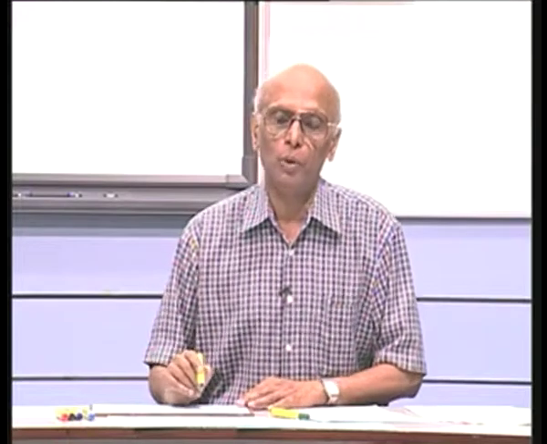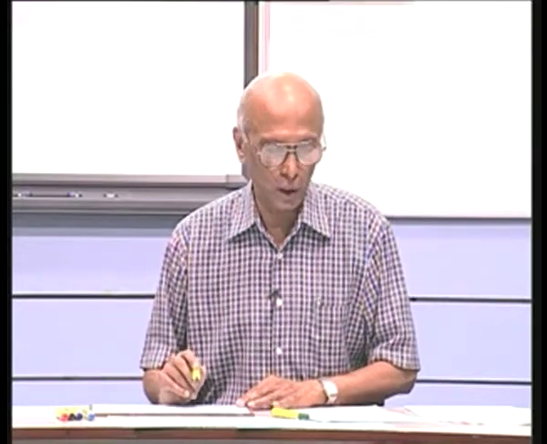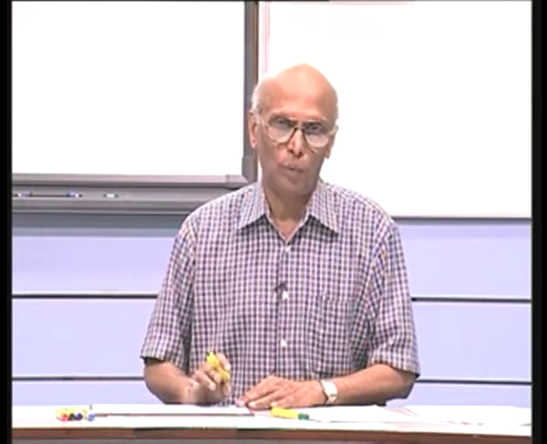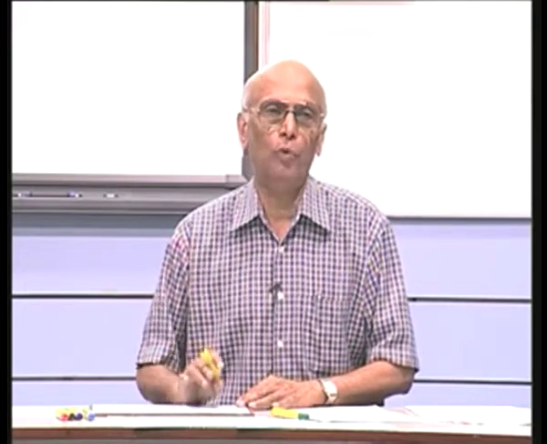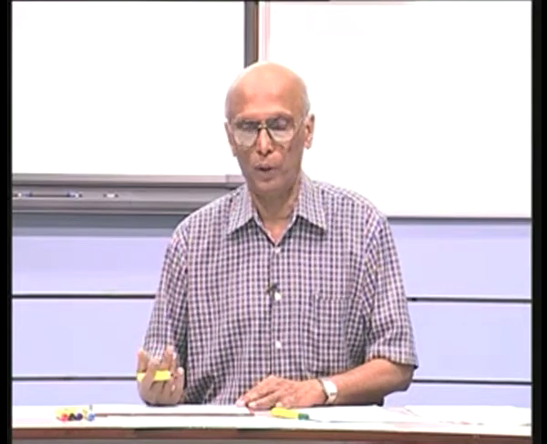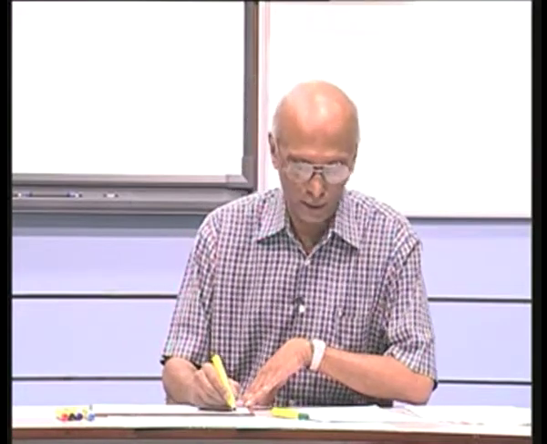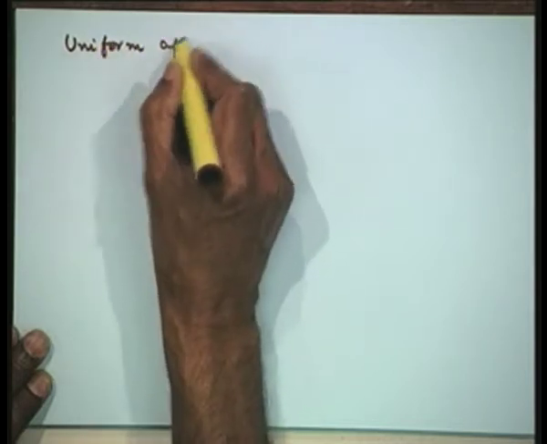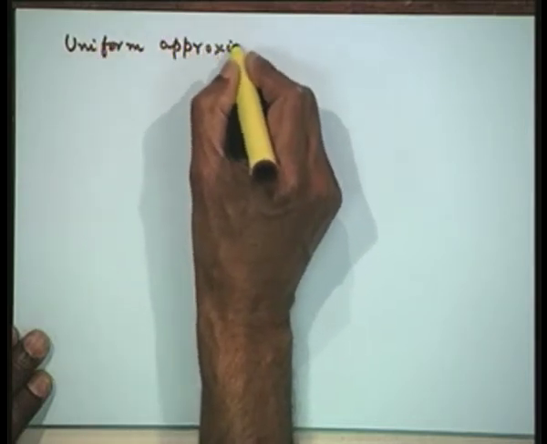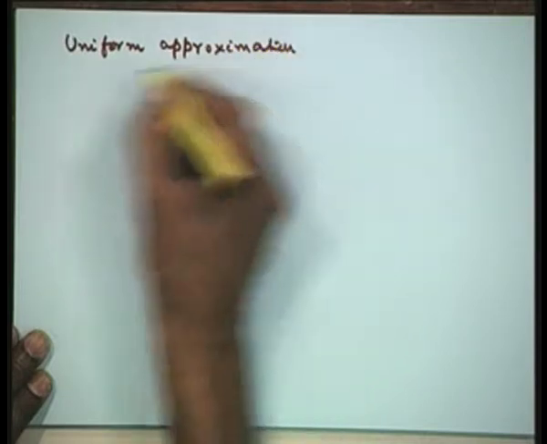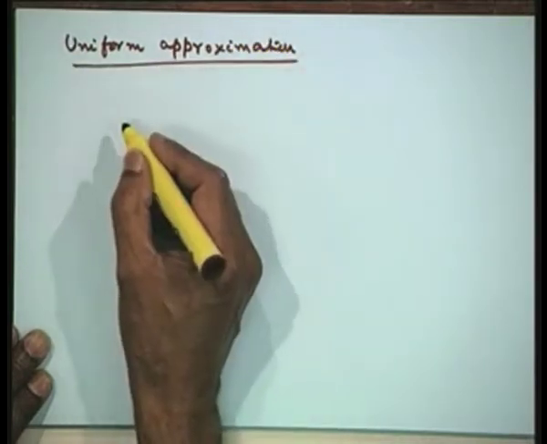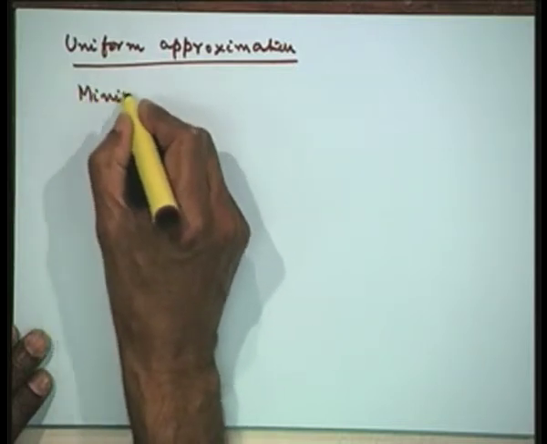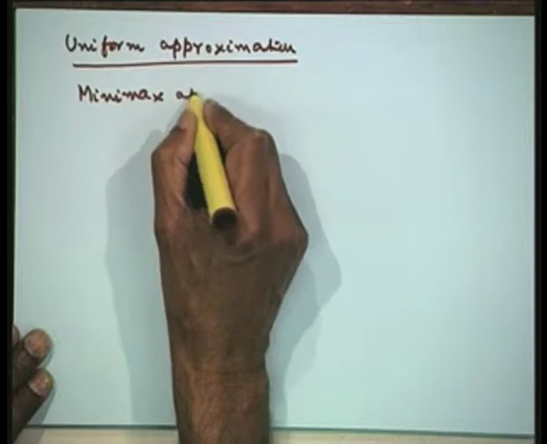Now, the least square approximation was obtained by using the Euclidean norm. If I use the other norm, that is the maximum norm, uniform norm, then I get a different type of approximation, and that approximation we call a uniform approximation. This approximation has another name: it is called the minimax approximation.